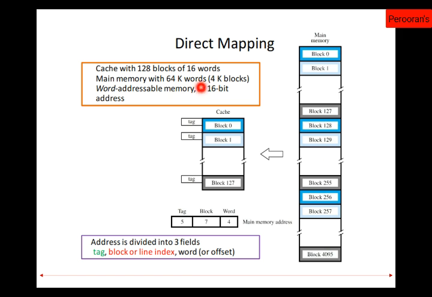The assumptions are that we have 64K words and the main memory is word addressable, so we need a 16-bit address. Now I will divide these 16 bits into different segments.